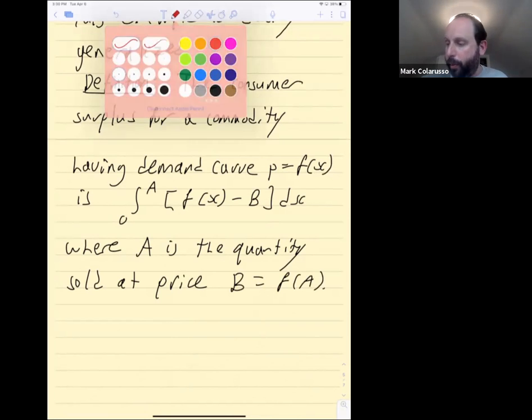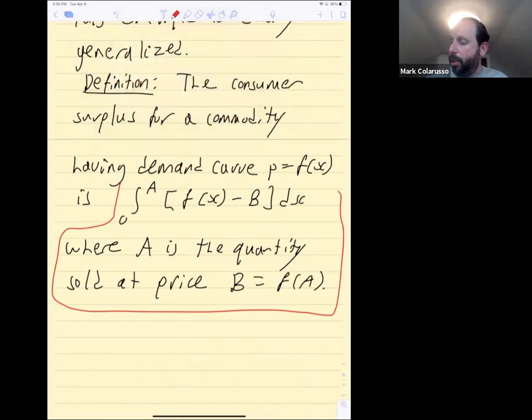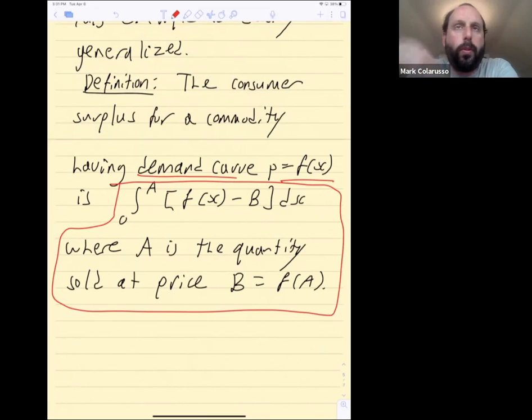If you like to memorize formulas, this is the formula, and these are what the symbols mean. And f is the demand curve expressed as a function of the number of items sold rather than price, which is what we were doing with elasticity. That part's annoying, but that's life.